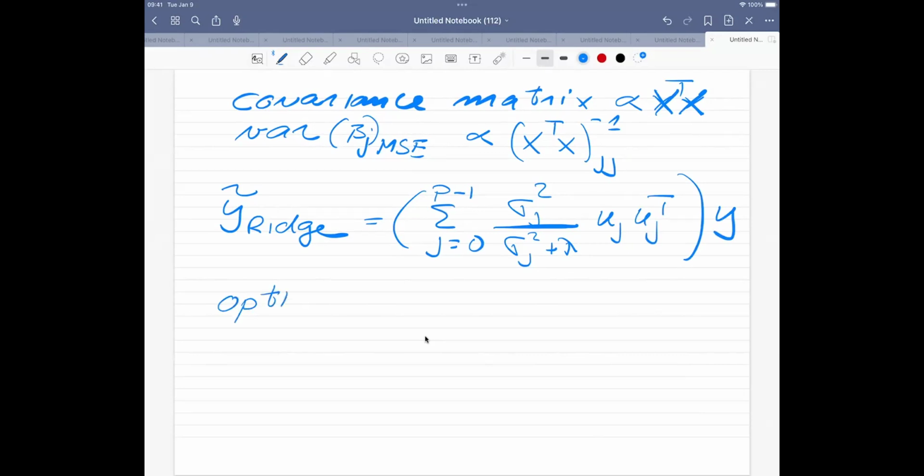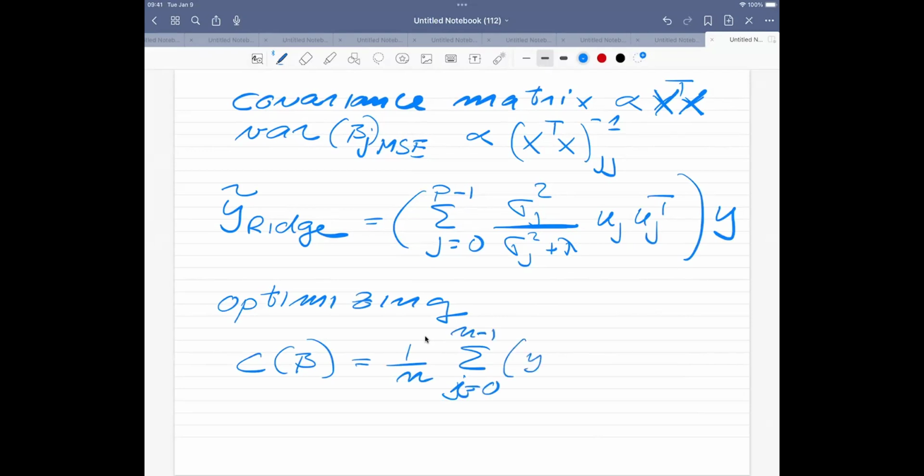What we are optimizing now is a new cost function, which is given by the standard one we had for mean squared error, the sum over i equals 0 to n minus 1 of y_i minus, and now I'm just writing a general x, so it doesn't need to be a polynomial, x_ij multiplied with beta_j, squared, plus something which in the literature you will see being called the penalizing term or the regularization term or other names, but these are the most common ones.